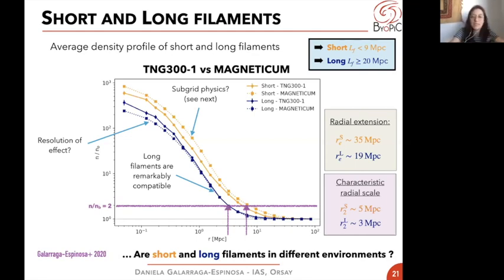For example, the AGN feedback and this kind of stuff can influence the distribution of matter a lot. So that's why we wanted to study the environments of these two populations.